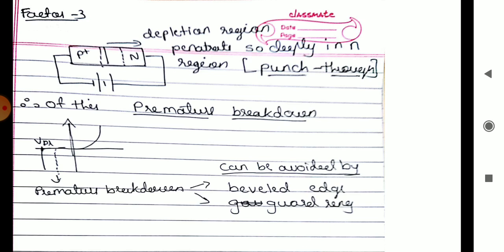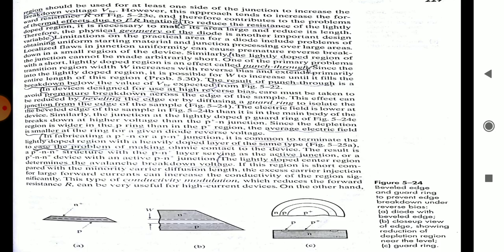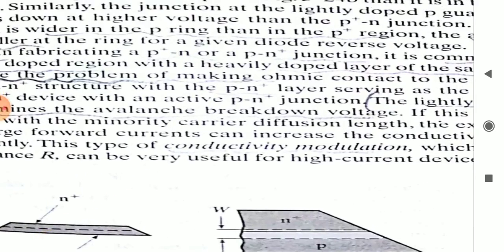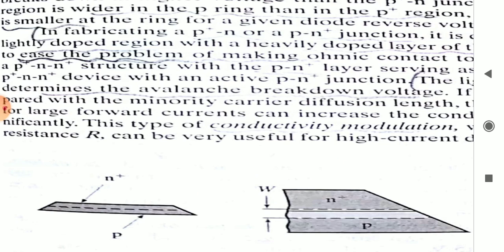A beveled edge is nothing but it won't be in a rectangular shape, it's like a trapezoid. So a trapezoidal shape, that shape you can see over here.